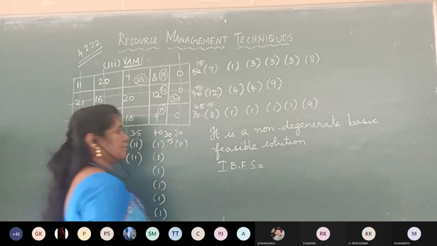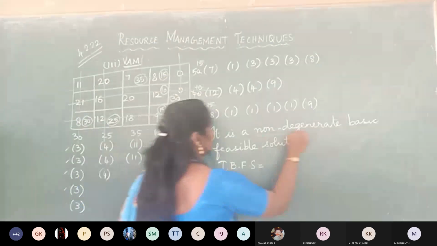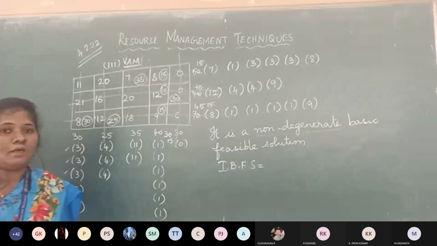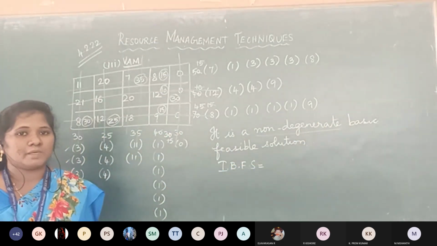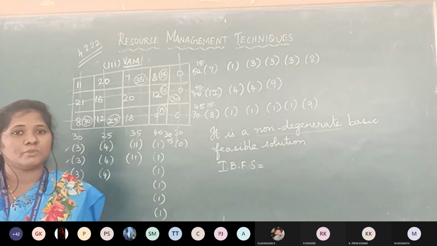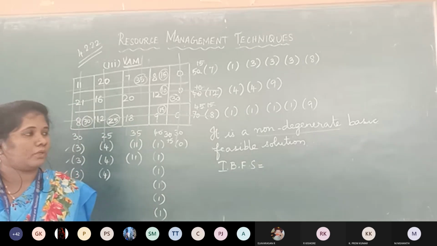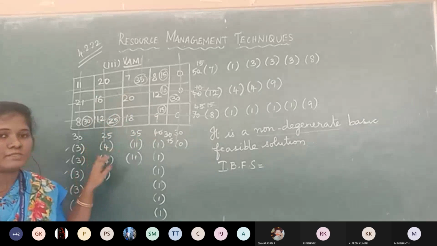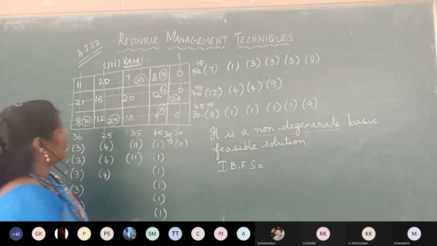Okay. So you should write this. You will say non-degenerate basic feasible solution when it is equal to m plus n minus 1, the allocation. Did you understand? Then do it as usual. How do you find out?